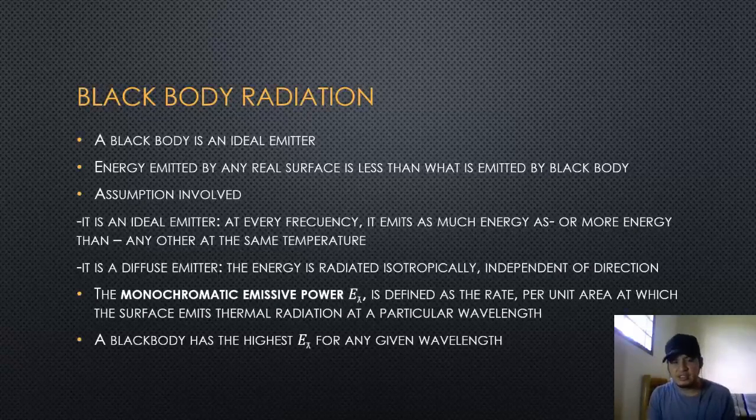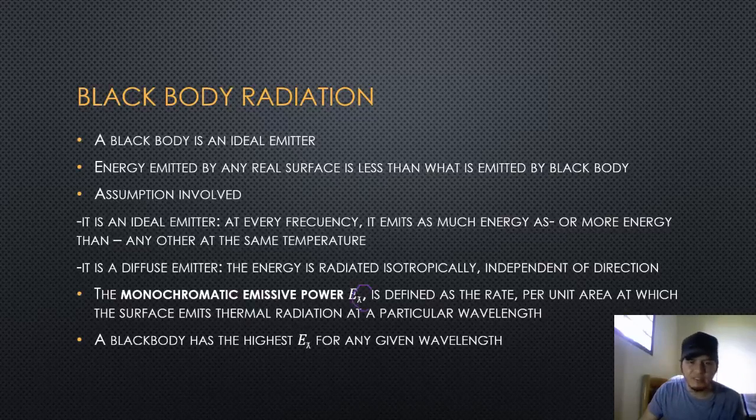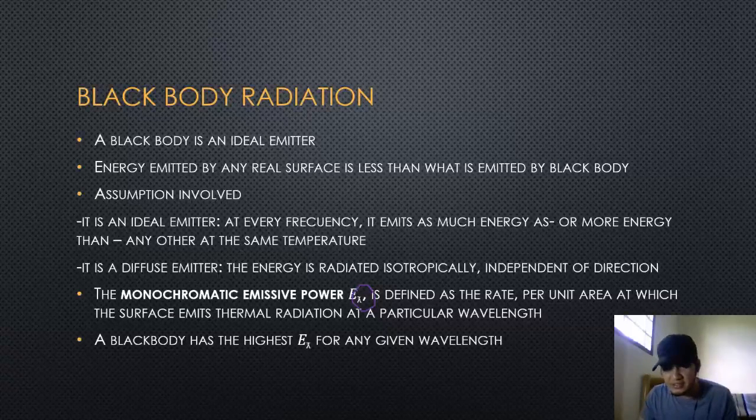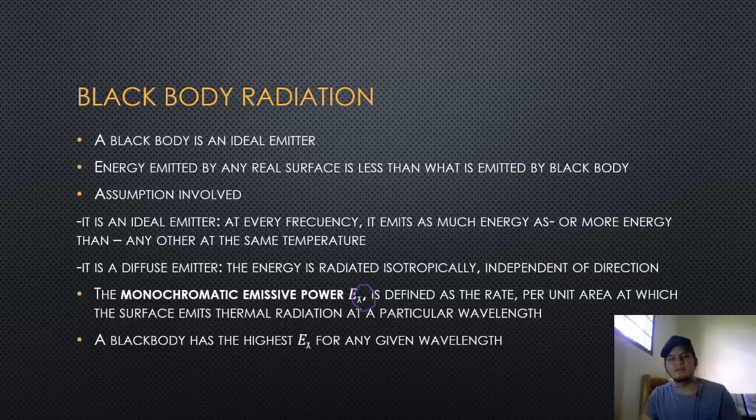The energy is radiated isotropically, independent of direction. The monochromatic emissive power, with this symbol, is defined as the rate per unit area at which a surface emits thermal radiation at a particular wavelength. The black body has the highest monochromatic emissive power for any given wavelength.